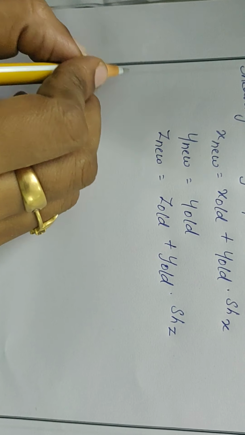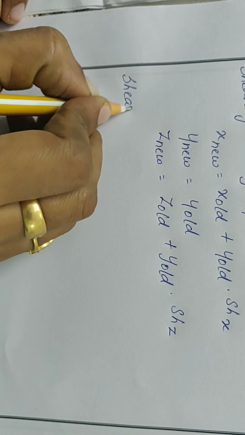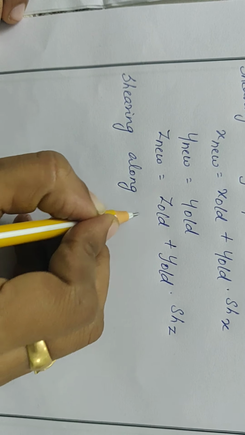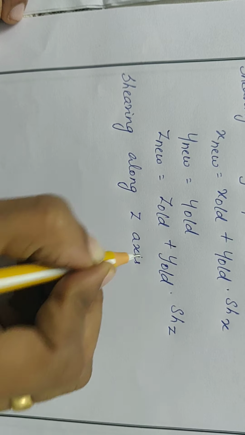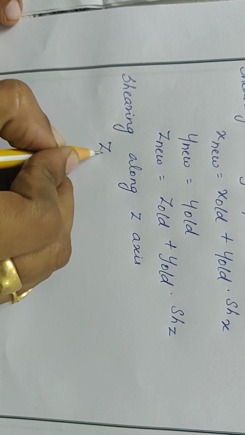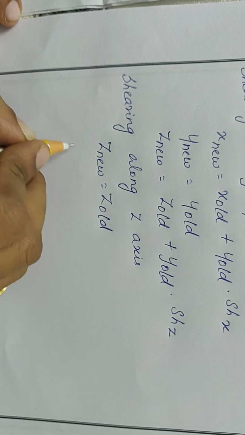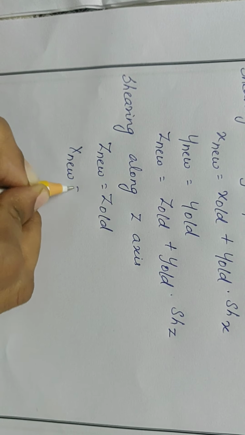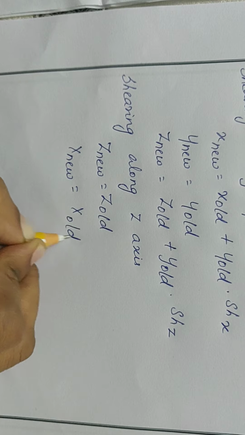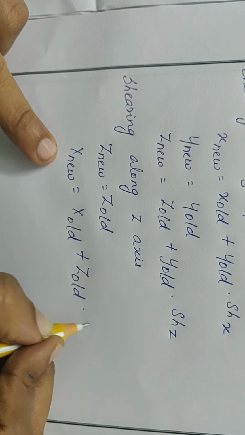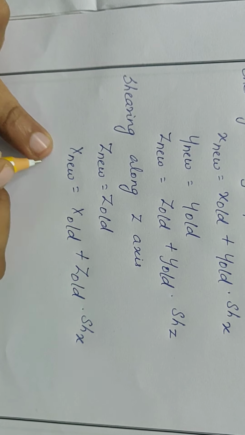I'll write the formula of shearing along the z axis. It should be z new is equal to z old, x new is equal to x old plus z old into shear factor along the x axis.